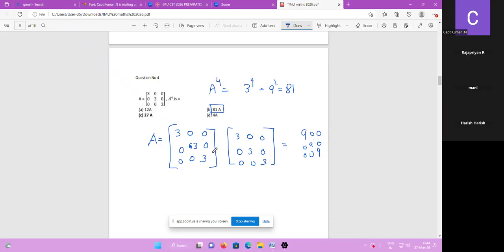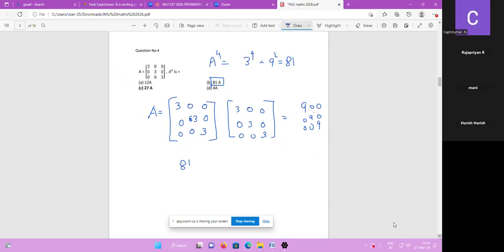So A is a diagonal matrix with 3 3 3. Then A power 4 will be 3 power 4, which is 81, times A. Careful, careful. Here it comes 81, 81, 81, and 0 elsewhere.